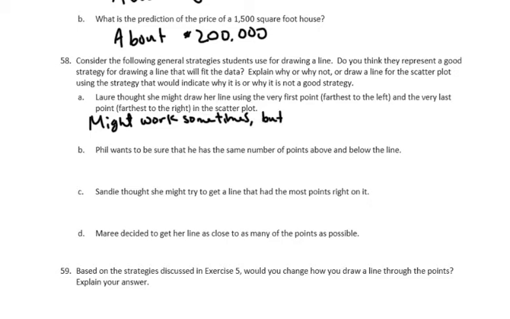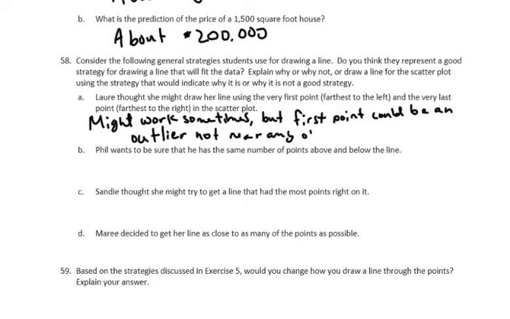But we need to be careful because the first point could be an outlier, which means it's not even near the rest of the data. So this one is not the best choice.